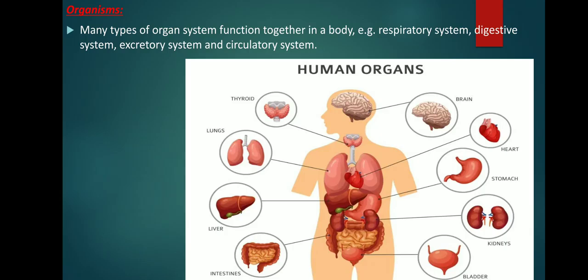Now move on to organism. Many types of organ systems function together in a body. For example, respiratory system including lungs, digestive system like stomach, excretory system like kidneys, circulatory system like heart.